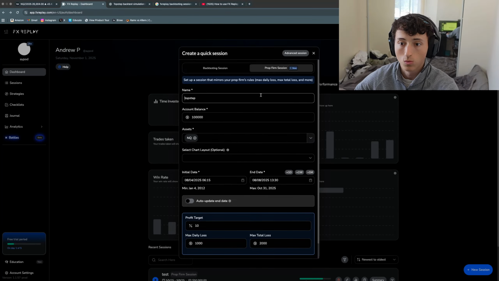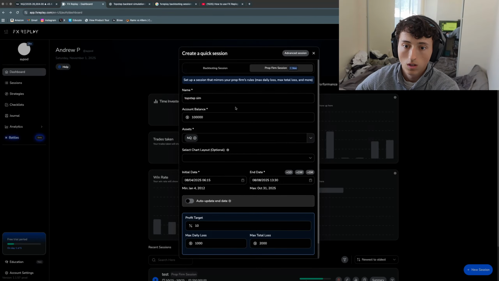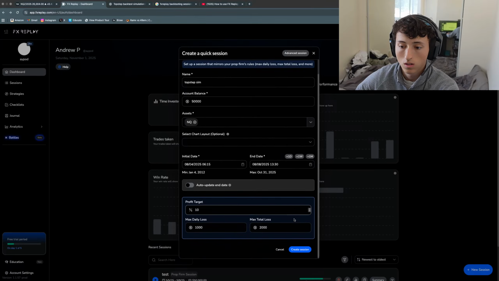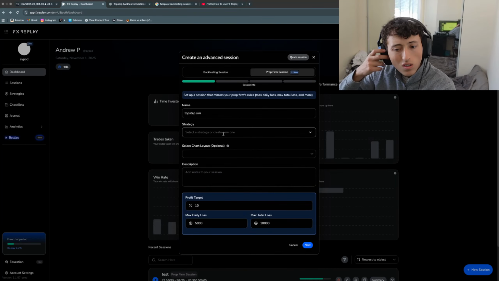The top steps rules and stuff. Count balance, put that at 50. What does the advanced one do?